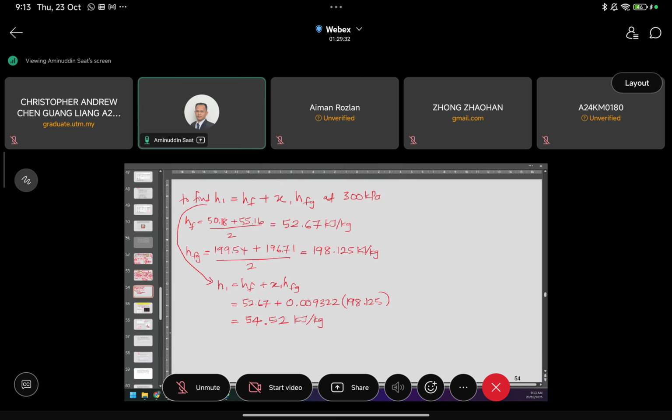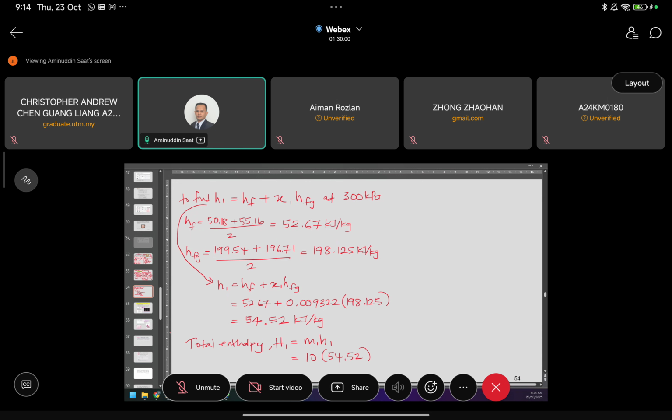Okay. Then for the total enthalpy, because we want to find the total enthalpy, capital H1 equals M1 times small h1. So M1 is 10 kilogram, h1 is 54.52.